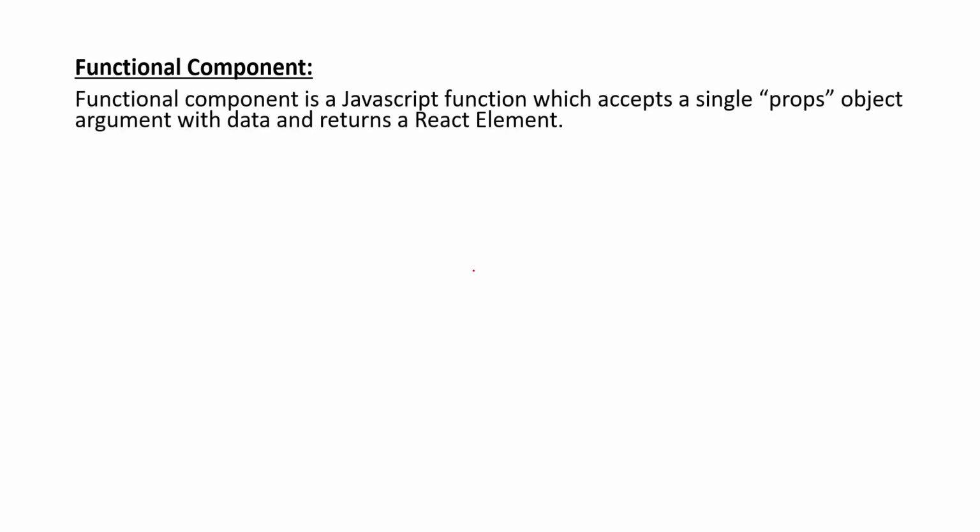A functional component is a JavaScript function which accepts a single props object argument with data and returns a React element. That means a functional component only accepts a single props object with the data and returns a single element. That is known as a functional component.